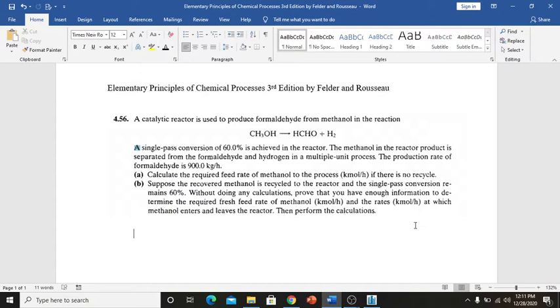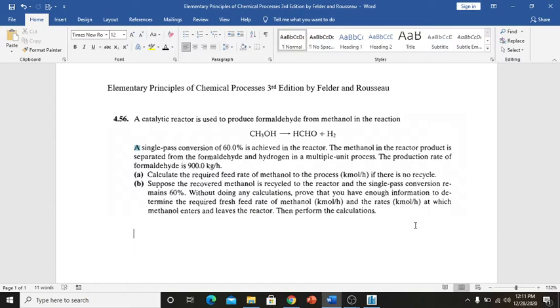Second, we are asked to prove that we have enough information to determine the required fresh feed rate of methanol in kilomoles per hour and the rates at which it enters and leaves the reactor, given that the recovered methanol is recycled to the reactor and the single pass conversion remains the same, which is 60%.